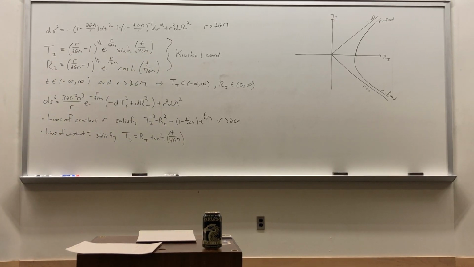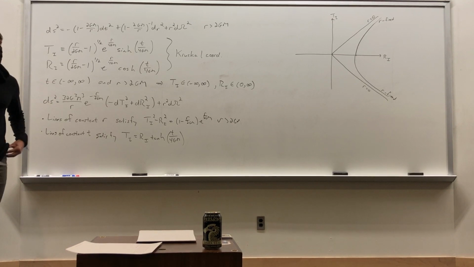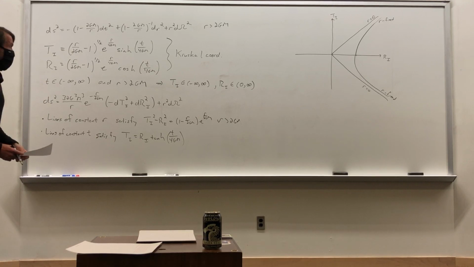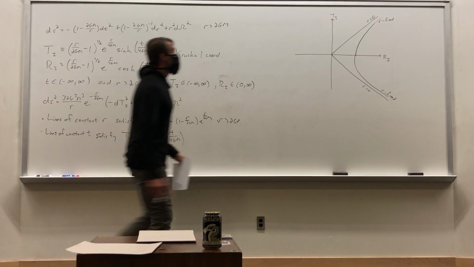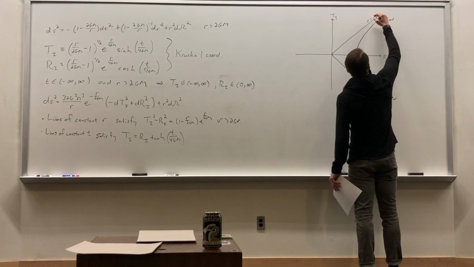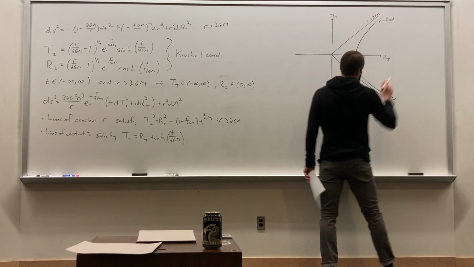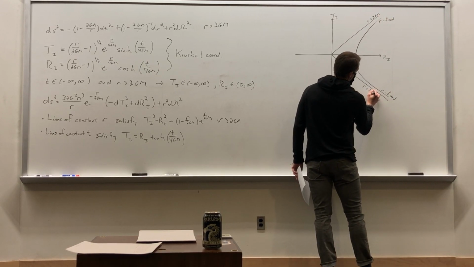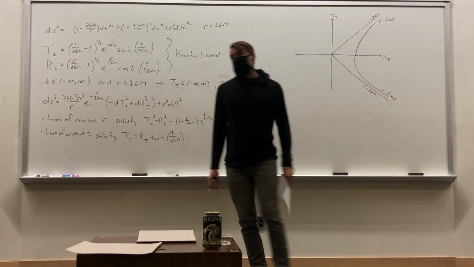We're basically dividing these so that all the r factors disappear. Yes? I thought we just said that r was 2GM instead of r equals 0 on the graph. We labeled the. Oh, sorry. You're right. I apologize. You're totally right. This is 2GM. And this is 2GM. Thank you.